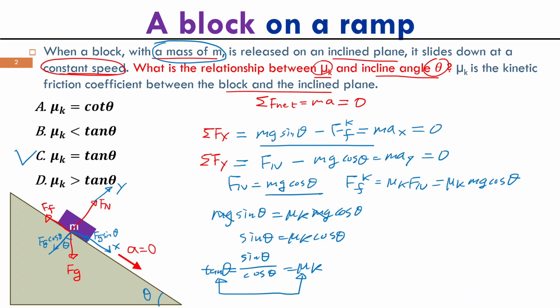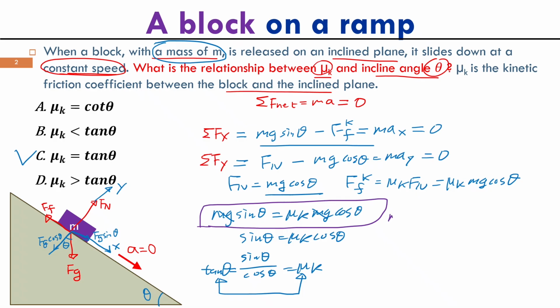So what if tangent theta does not equal mu k? If we look at these two values here, mg sine theta is the force pulling the block down, and mu k mg cosine theta is the friction force opposing the motion.